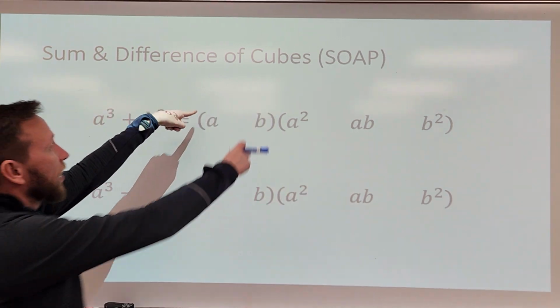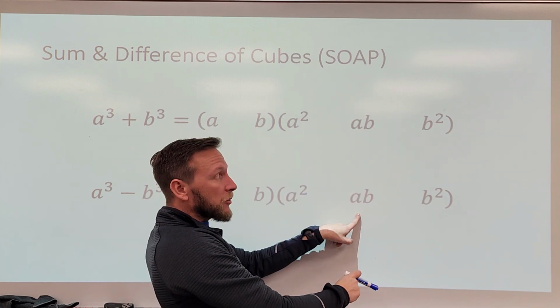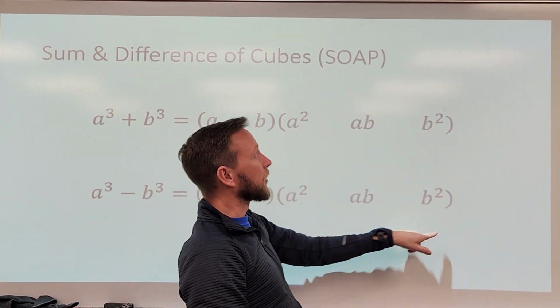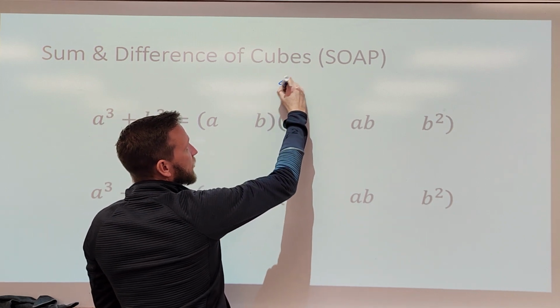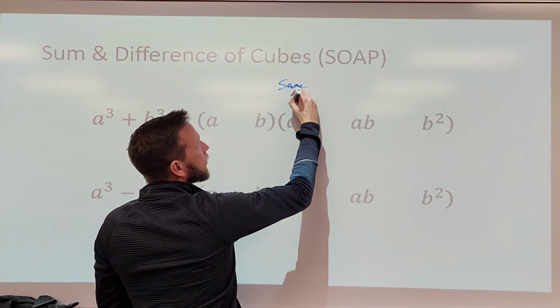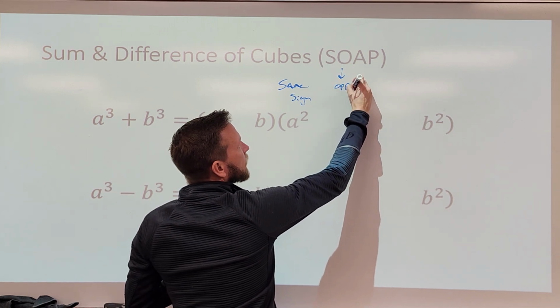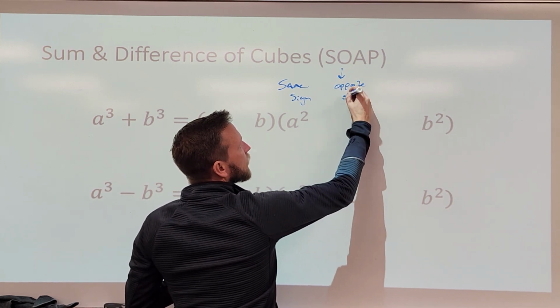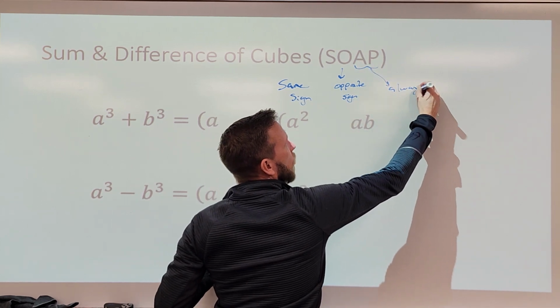Now, you'll notice there's no signs here, and this is our reminder for how to write those signs. So we always have A and B together, A squared, A times B, and B squared, B times B. And then this, S, refers to same sign. This refers to O as the opposite sign. And then the last phrase there is always, the last thing is always positive.